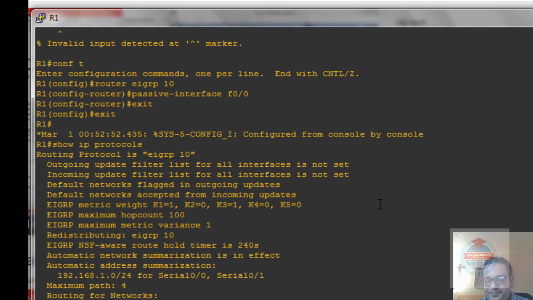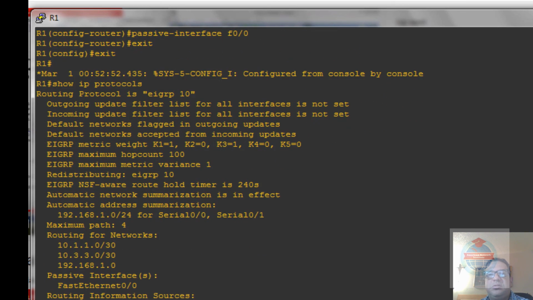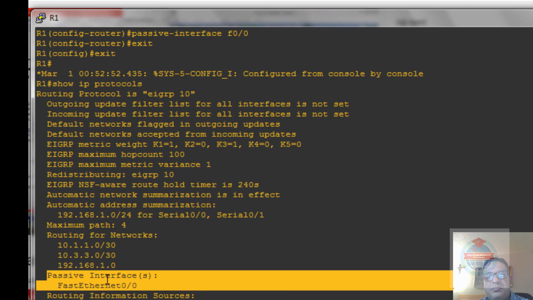When we got this information, I have the whole information at once. You're gonna see the passive interface over here, FastEthernet 0/0. So guys, this exercise is almost done.